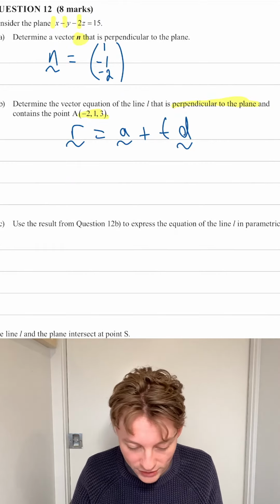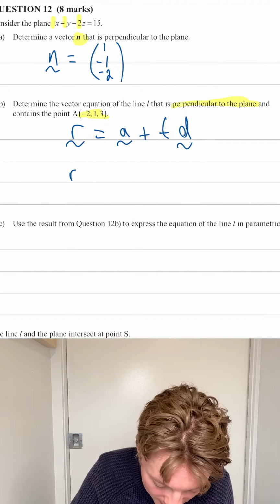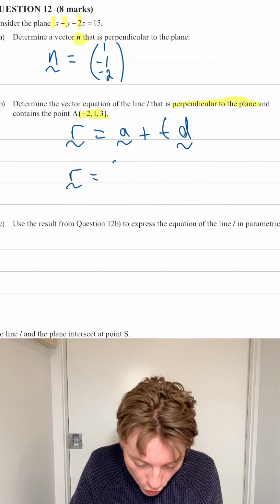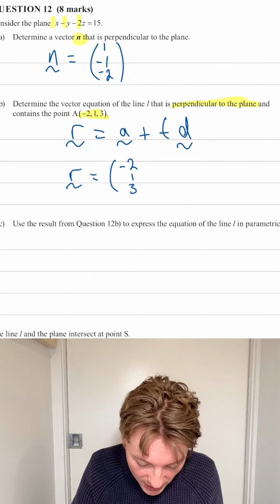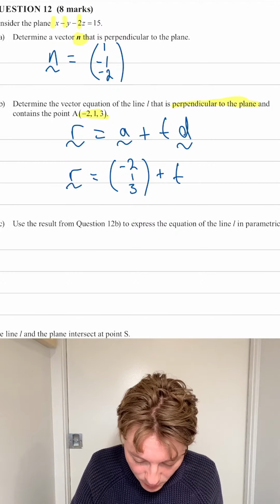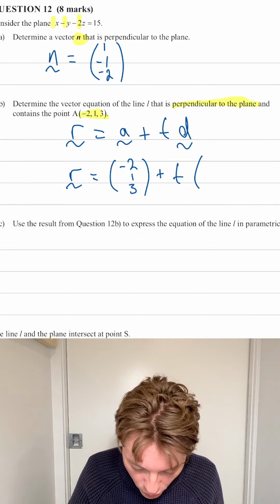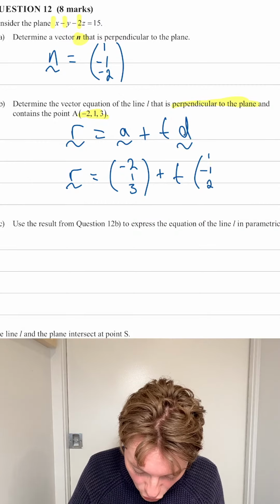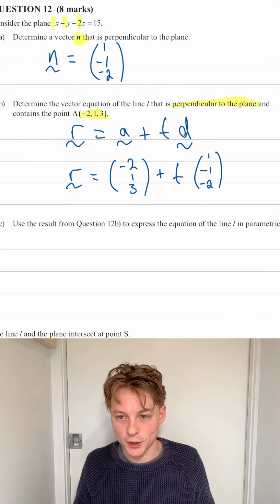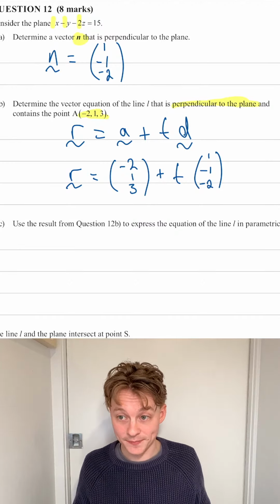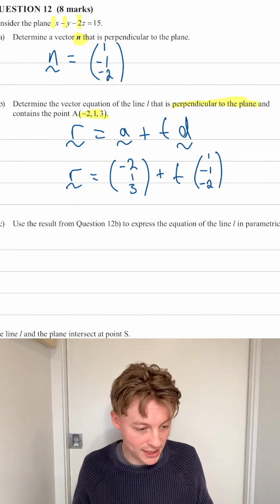So really, I've got all the information I need. I'm just plugging in numbers, right? This is simple, familiar. Hopefully if we know the theory, we should be able to get the answers right relatively easily. a comes from the question, d comes from my normal vector, that is 1, minus 1 and minus 2, sorry, not 2, minus 2. That's my answer. That is literally my answer. I do not need to do any more.